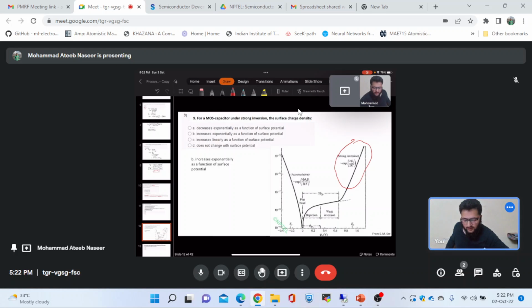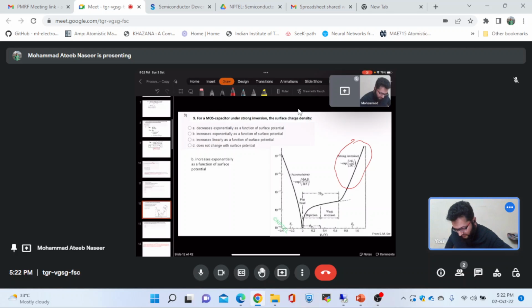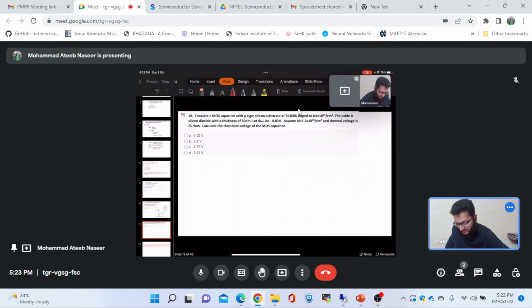We will have this exponential rise in the strong inversion for the surface charge density. So we will go with option B because the surface charge will have the exponential effect. It will increase exponentially. Now let us see another problem.